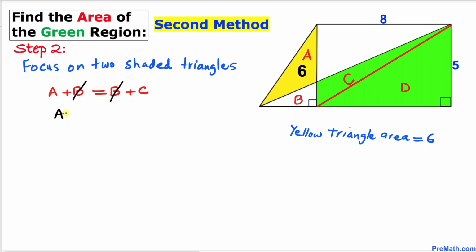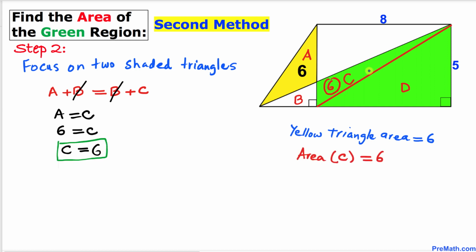So A equals C, but we know A is 6 square units. So I'm going to write down 6 equals C. So that means C turns out to be 6 square units.